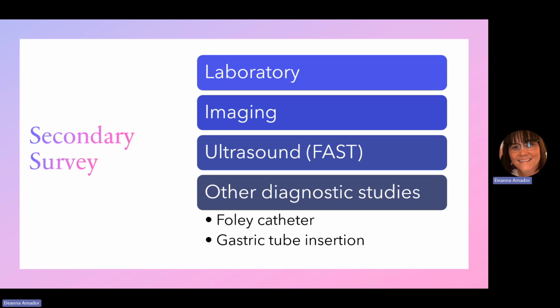Also during the secondary survey, after they get done with this stuff, they will be gathering further information from the patient or pre-hospital providers, or maybe there are witnesses there who will give information.